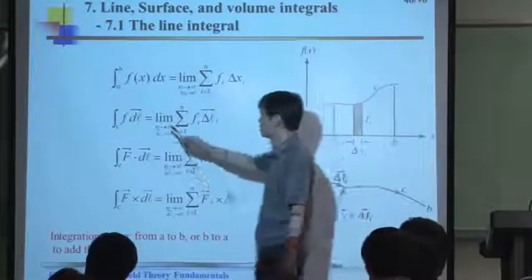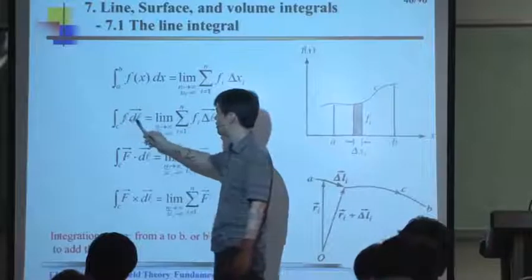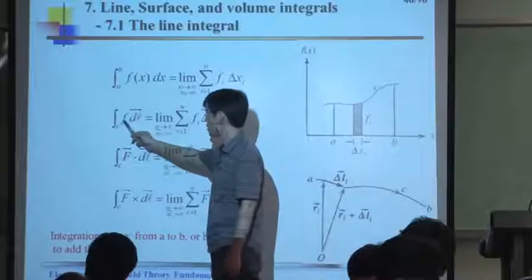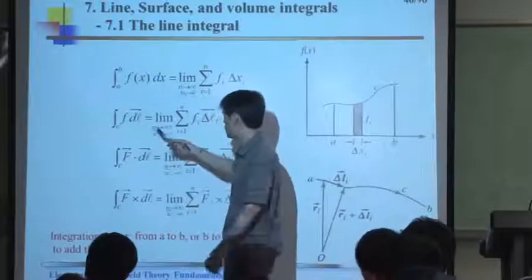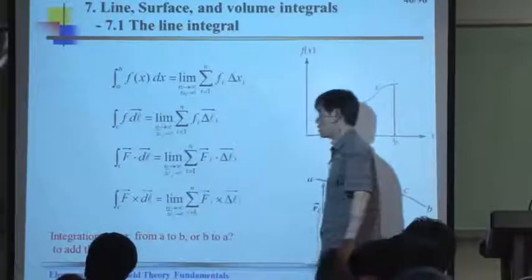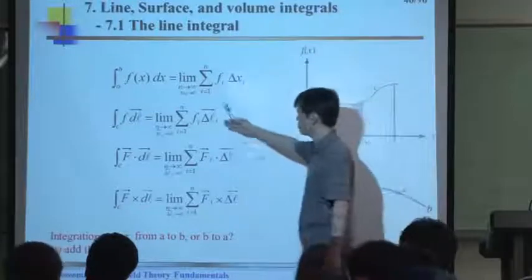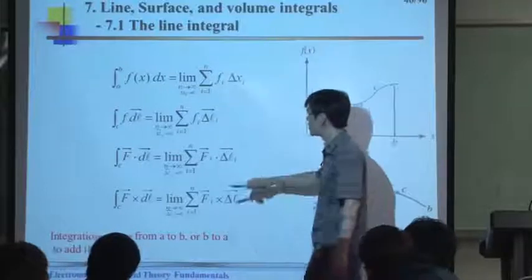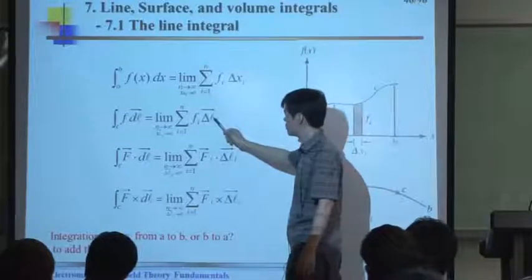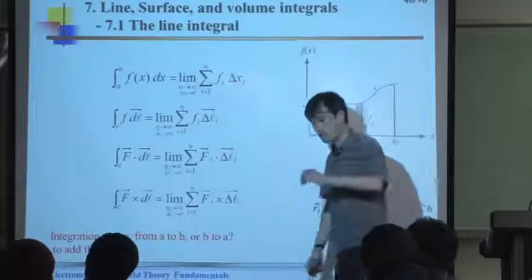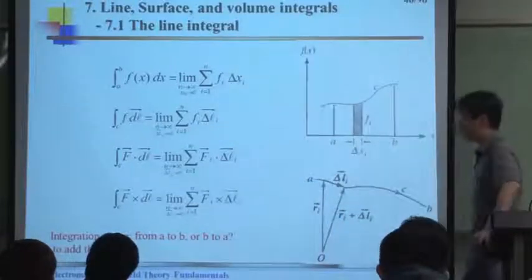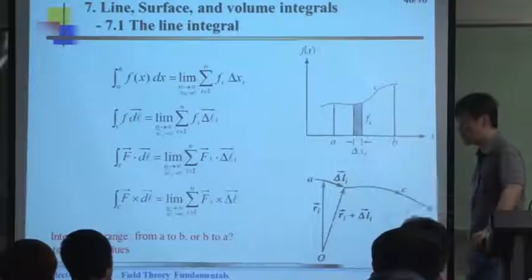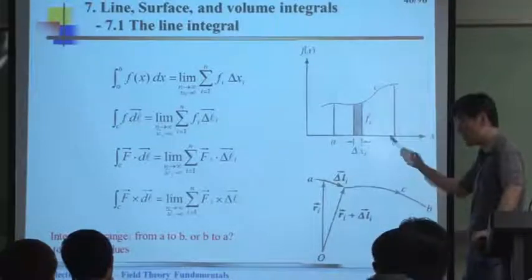So the f is the scalar function, and the dl is the vector. So scalar and vector multiplication will make another vector, and the basic definition is the same. Only you need to consider this L is also the vector. So as you do the summation of the vector, you need to consider the direction.